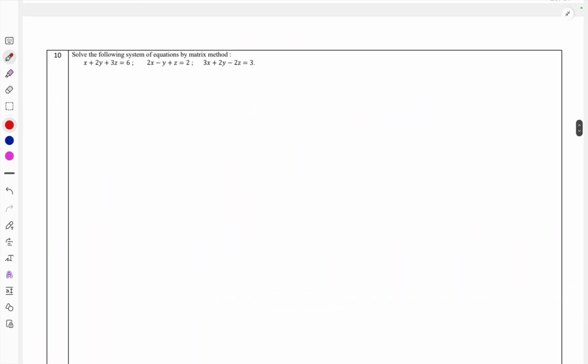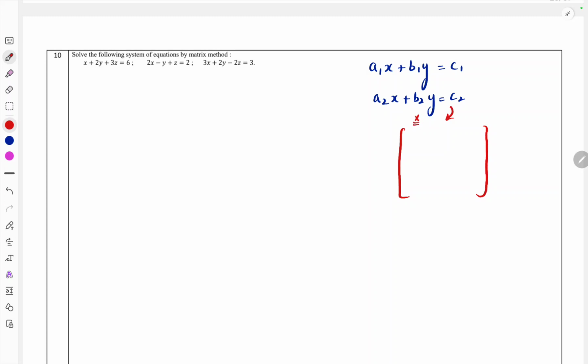So we have to solve the following system of equations by matrix method. Now suppose if I have one equation a1x plus b1y equal to c1, a2x plus b2y equal to c2. So now what I'm going to write here is, in the first column I'm going to write the coefficient of x.